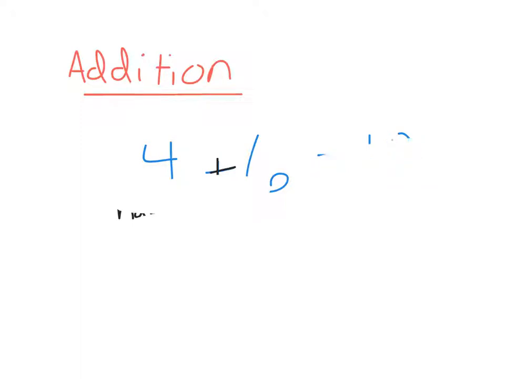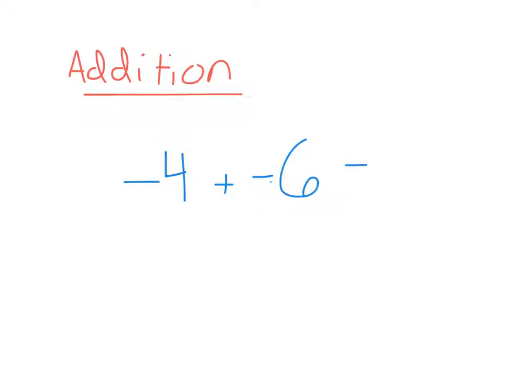But given the same scenario, let's say instead I'm looking at negative integers. Let's say instead it was negative 4 plus negative 6. Some of you might be thinking, oh, well, that's just negative 10. Very similar to what we did in the previous problem, and that would be true. Anytime we're adding together a negative plus a negative, we end up with a negative answer.